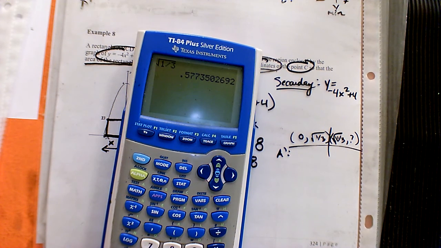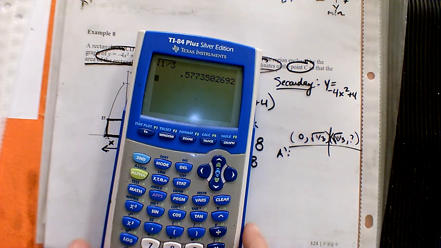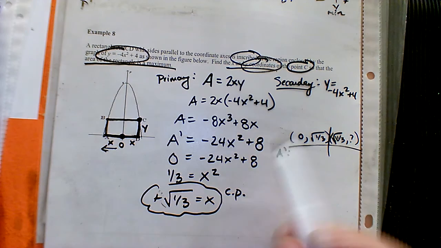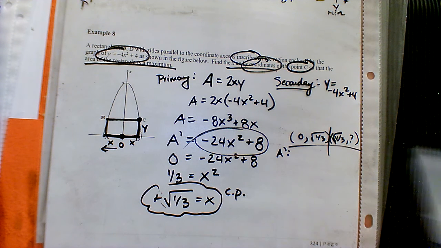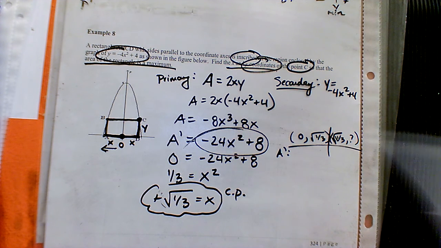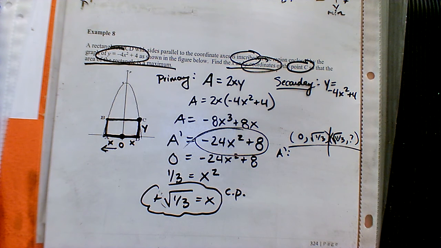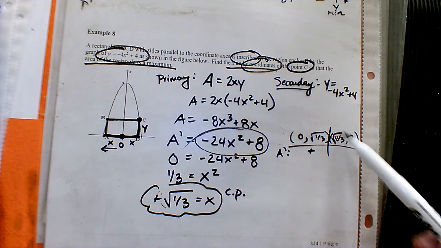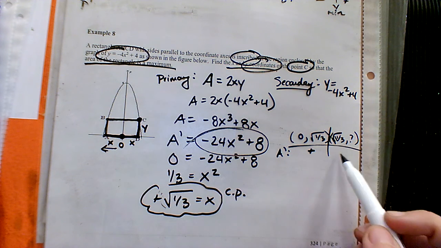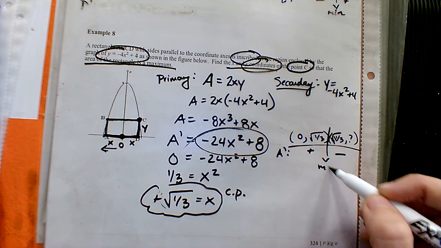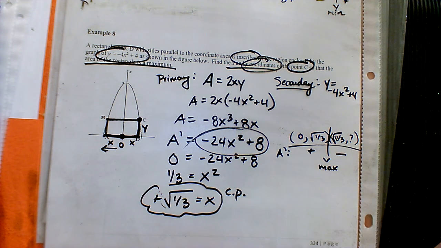Okay, so maybe 0.5, something a little bit to the left. If we plug 0.5 into our derivative, 0.5 squared is a quarter, times negative 24 is negative 6, plus 8, positive. Something a little bigger than 0.577, say 1, plug in 1, negative. All right, confirmed max.